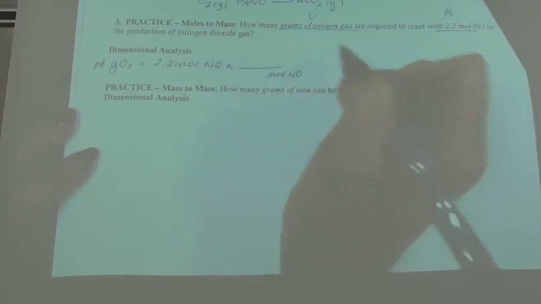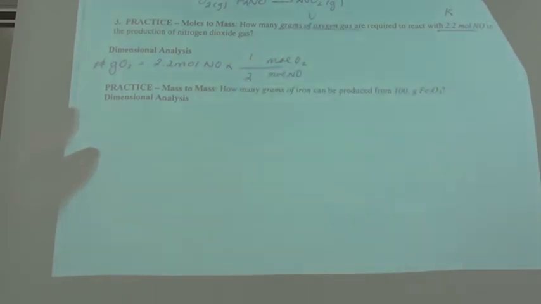The number of grams of oxygen gas equal to 2.2 moles of NO. Who can tell me what my first step is? Coefficients. Okay, and I'm going to use the coefficients to go from what to what? Nitrogen monoxide to oxygen. Moles of oxygen. And just inserting the coefficients, I get this.